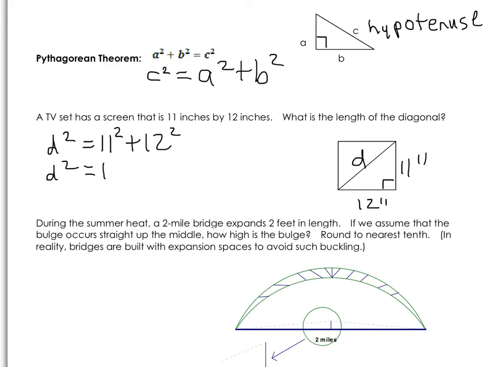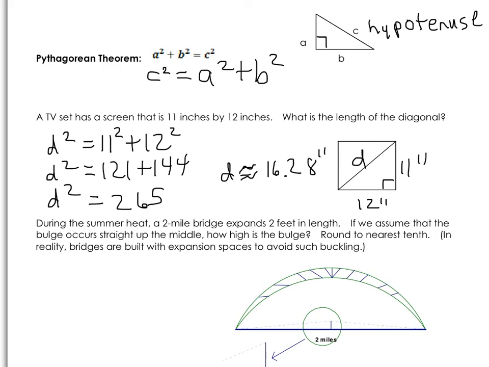D squared equals 121 plus 144. D squared equals 265. What's the square root of 265? D is approximately 16.28 inches.